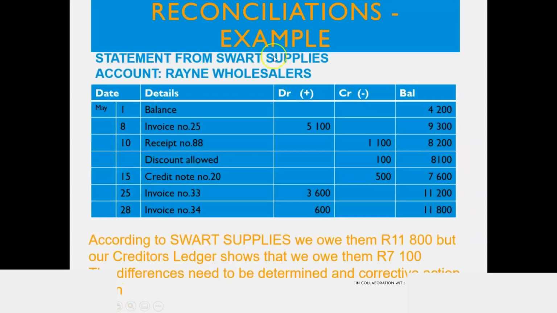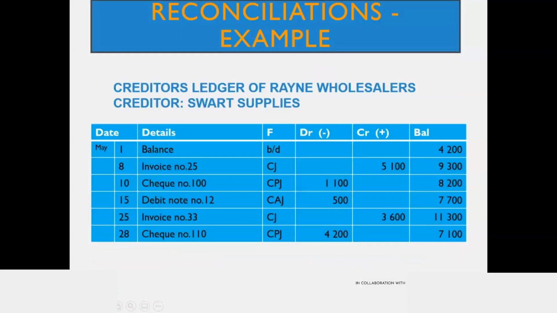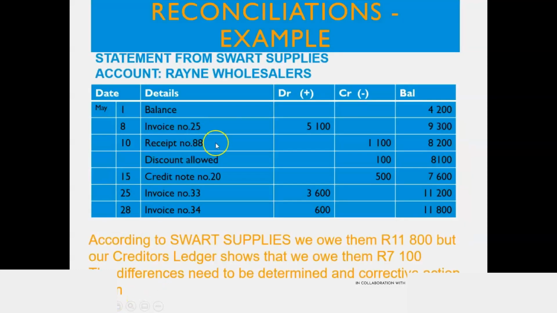Let's see what SWOT did in their books. They recognize that, yes, indeed, there is a payment. So we issued check 100, they received the check, but it's a receipt now for them. For receipt 88, it's a receipt for them. So now what did we issue? We issued a check of 100, okay?